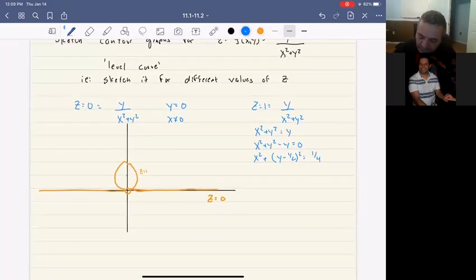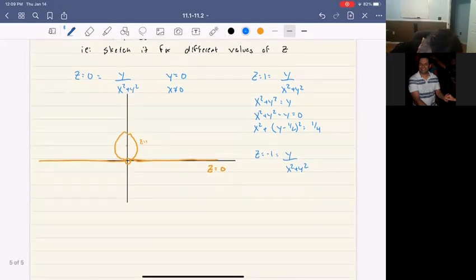Okay, so now I'm going to do z equals -1. If you do that, you're going to get x squared plus y squared equals -y. So that's going to become a circle.